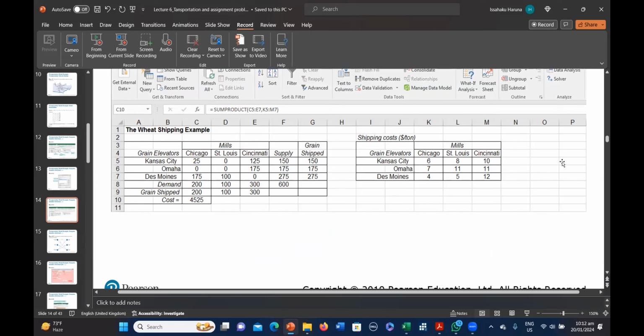So that's the solution you are mapping. For instance, if you take 25, that's an arrow running from Kansas to Chicago. Then from Kansas to St. Louis, there's nothing, so there shouldn't be any arrow. From Kansas to Cincinnati, you have 125, so 125 follows that in that order.